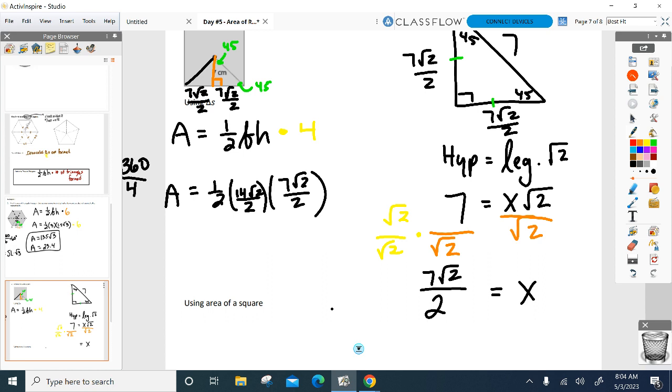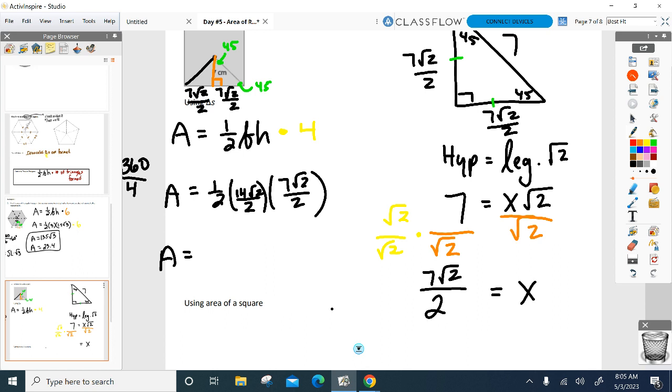Heavy duty math here. 98. No? Using your fraction templates?